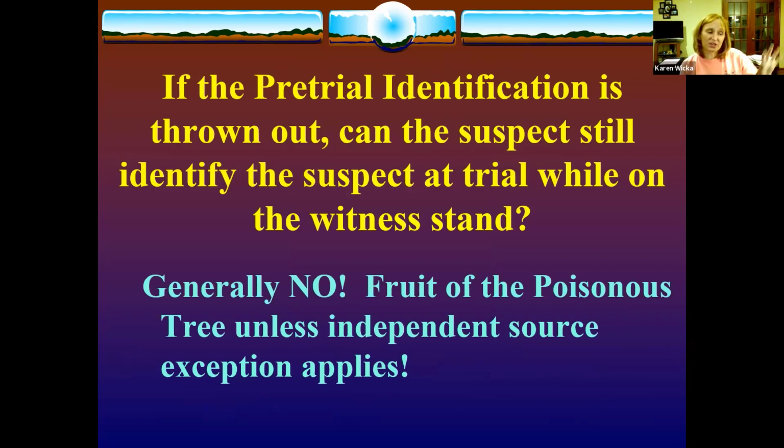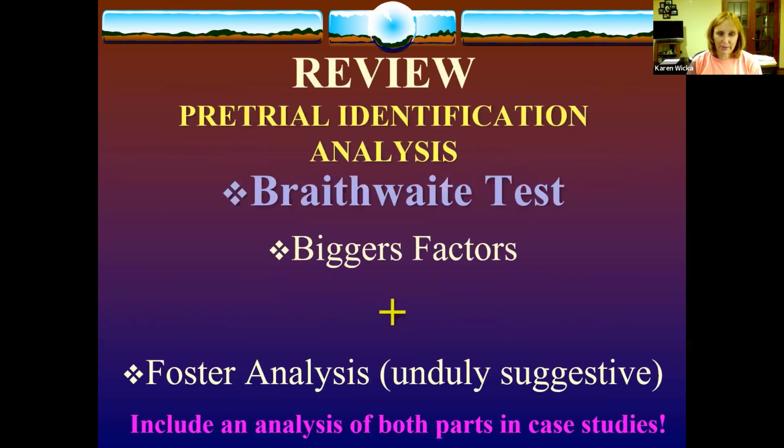So once the identification process goes wrong, you can never really correct it, because that person's already in the witness's head, okay? So if they don't make a good pretrial identification, or the pretrial identification is declared suggestive or unreliable, you cannot allow that person then to make an in-court identification.